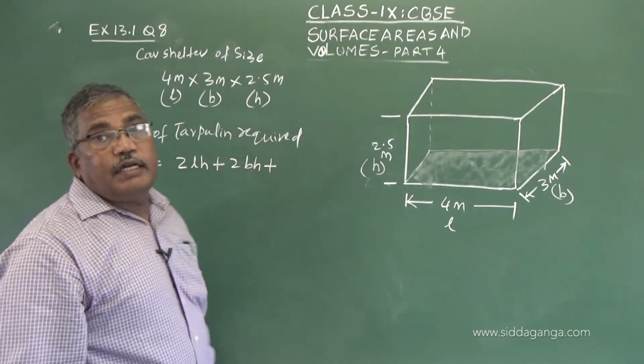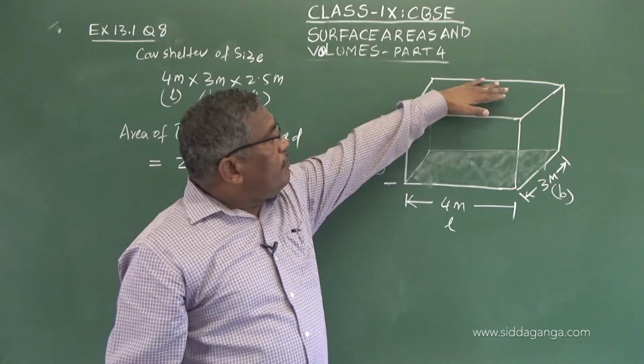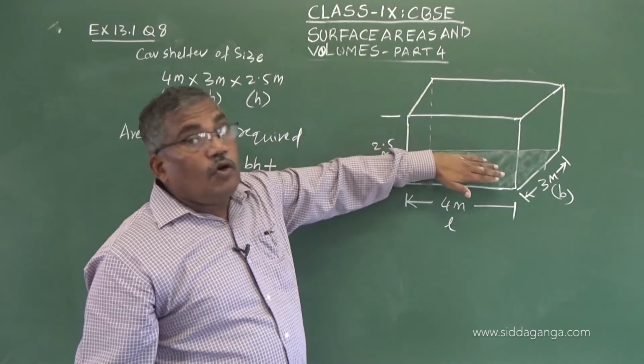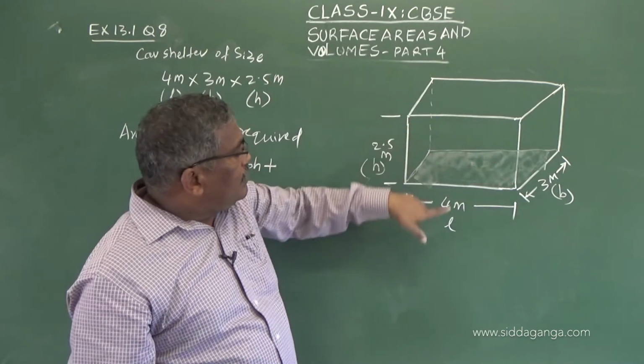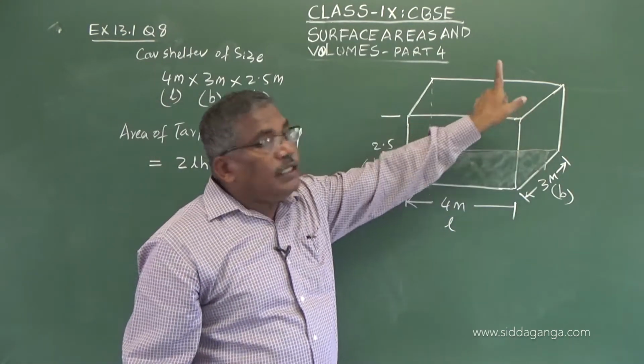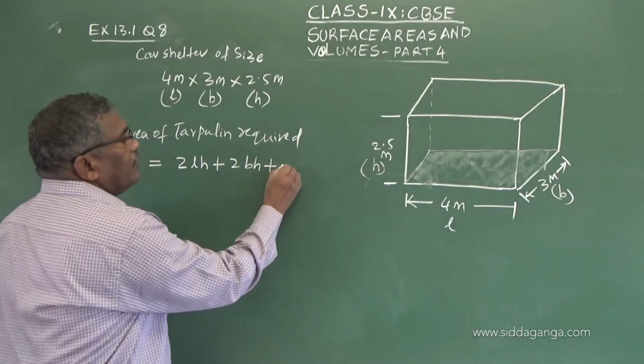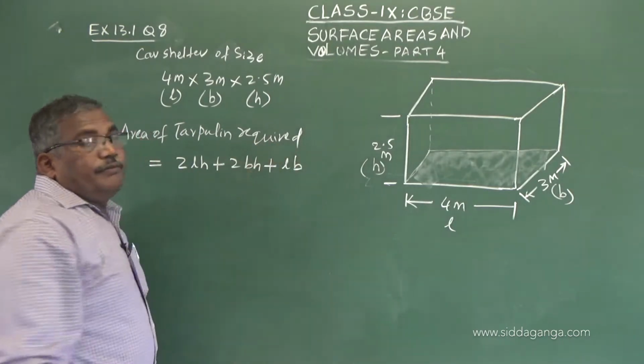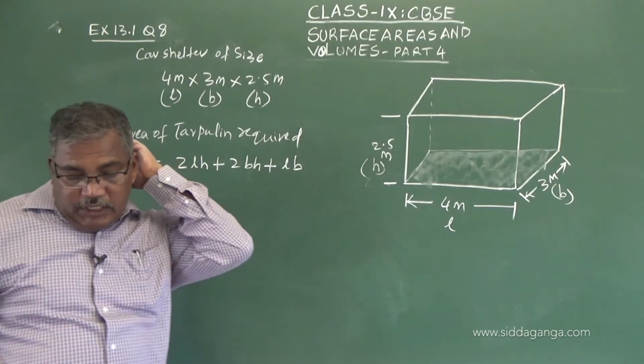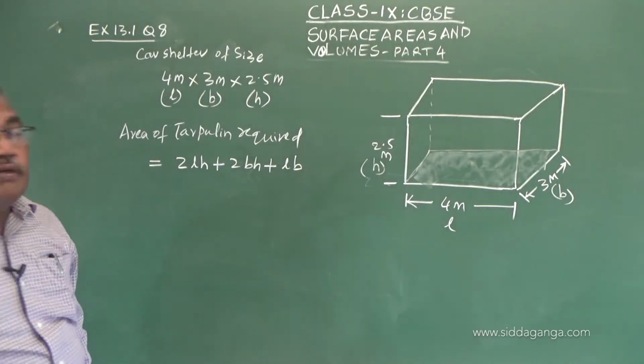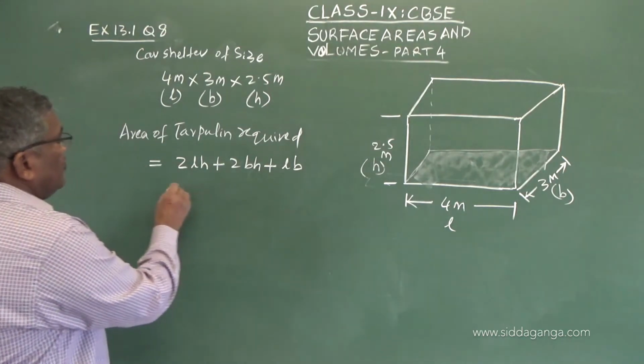Plus, observe here, we want only the top cover and not the ground portion. So therefore this is L into B, that is 1 time, so I will write LB. This is very important. If you write this, then your answer will be correct.